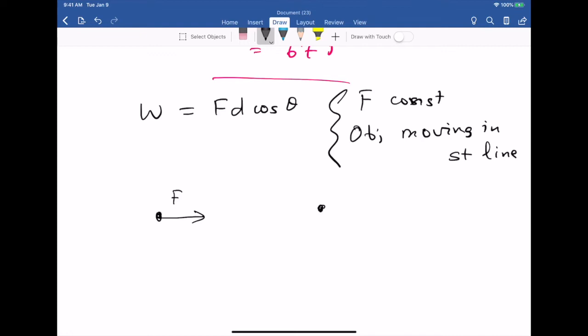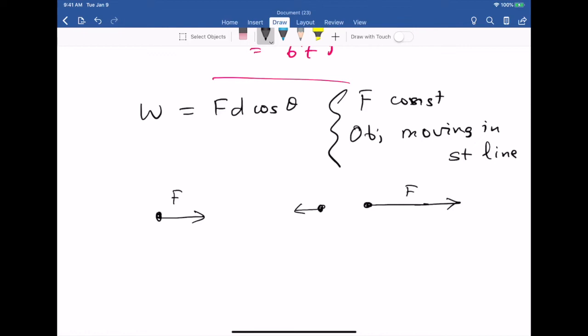The force might be in the opposite direction. And then when it's over here, the force might be again in this direction, but very strong. So the force is in the same straight line, and the object is also moving in a straight line. So the force is not constant. So how do you get the work in that case?